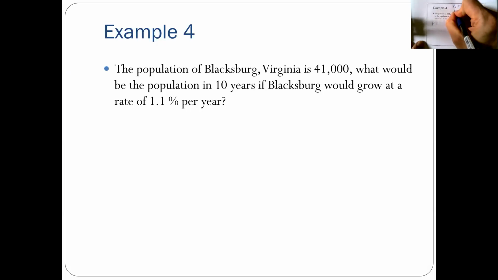Our growth rate is 1.1%, or if we move the decimal, it's 0.011. And then the time period is 10 years. So this will be set up as 41,000 times e to the 0.011 times 10. You always do the exponent part first. We've got to get that simplified down so we can find e. So this will be e to the 0.11. 10 times 0.011 is 0.11.